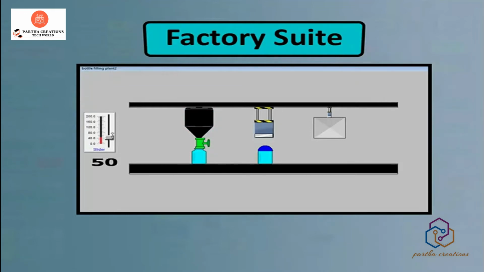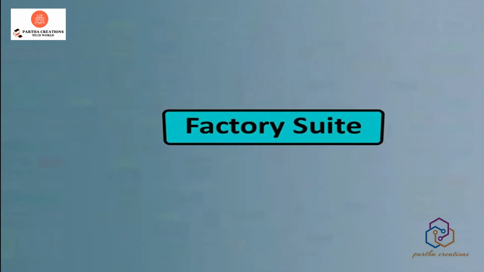Also, it won't be possible to connect it with any PLC. So the factory suite is just there to run the files and to check if the animations are working properly. But the networking, that is communication with any hardware, is not possible here. Hence, we can neither add nor edit, nor remove or make any changes in the animations.